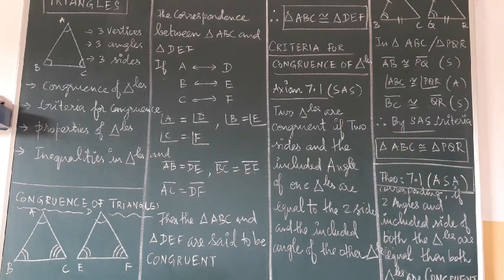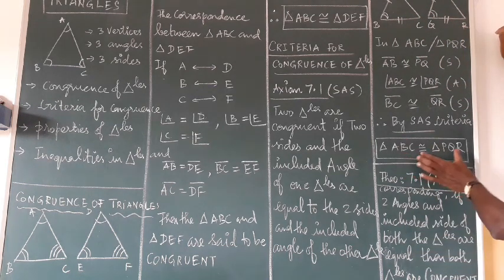First criteria. In triangles ABC and PQR, side AB is congruent to PQ, one side. Angle ABC is congruent to angle PQR. And side BC is congruent and equal to QR, the other side. So side, angle, side: by the SAS criteria, with the included angles B and Q equal, both triangles are congruent.